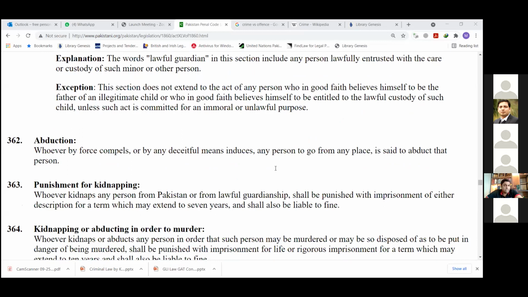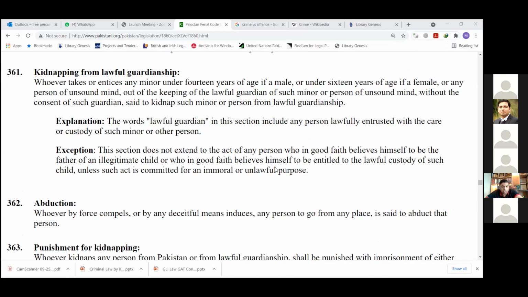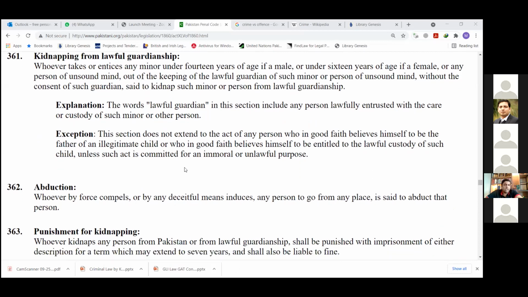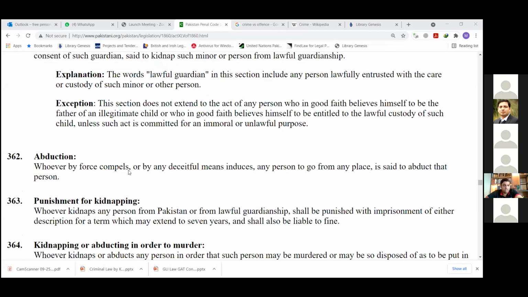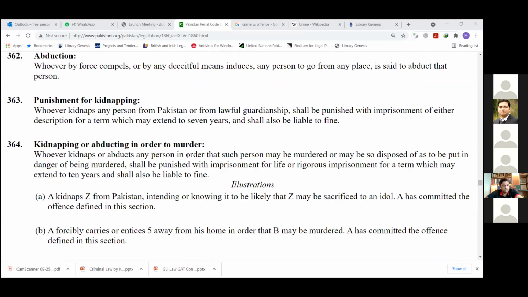And abduction means other than that, so males above 14 years and females above 16 years are covered under abduction, and then punishments for those offenses are also provided.